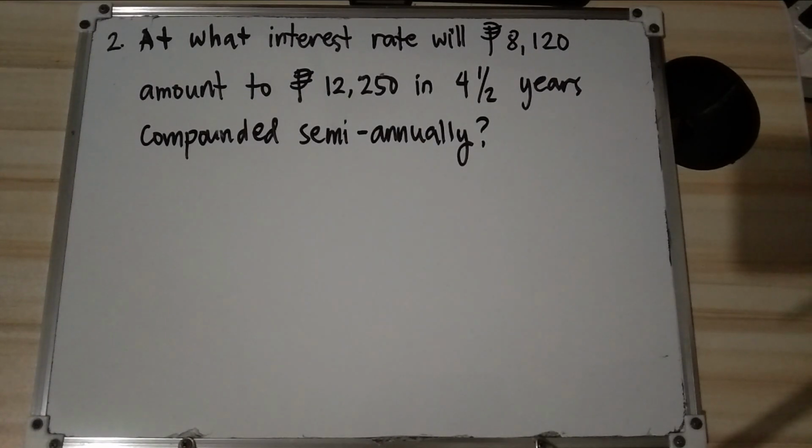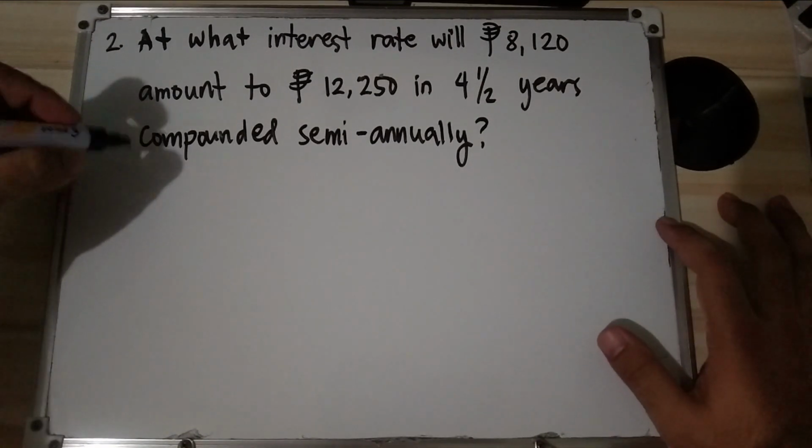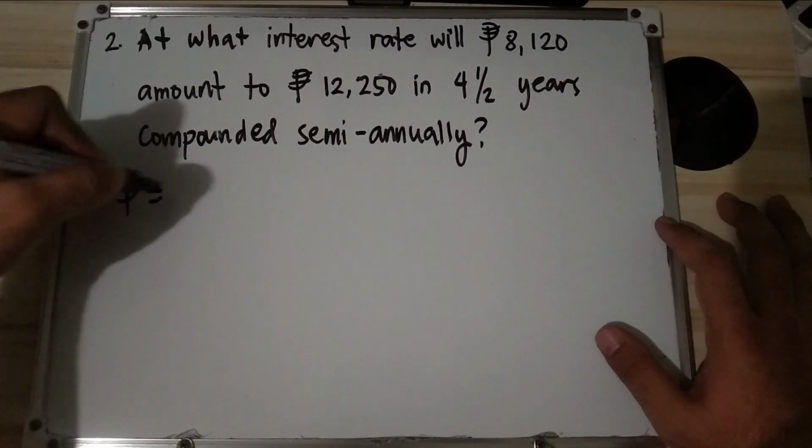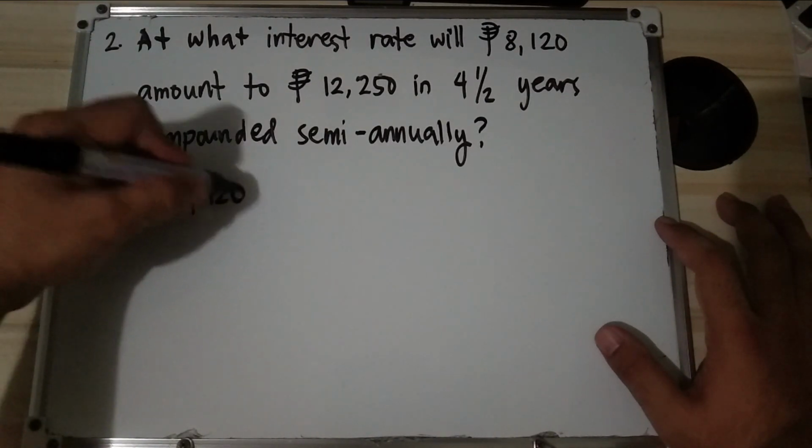Next example. At what interest rate will 8,120 pesos amount to 12,250 pesos in 4.5 years compounded semi-annually? So, hinahanap naman dito ay yung interest rate or yung R. So, isa-isahin muna natin yung given. Yung present value is 8,120.